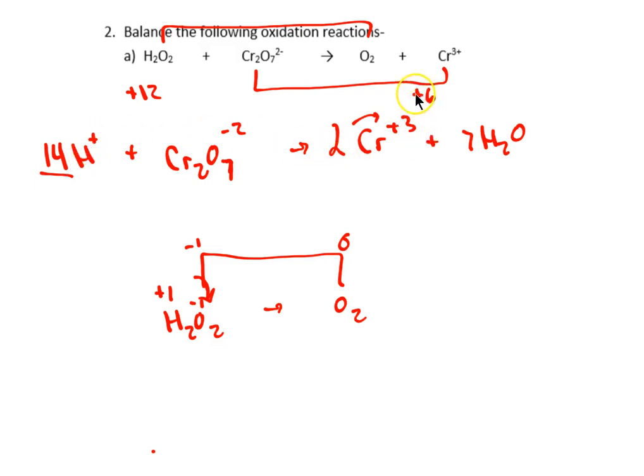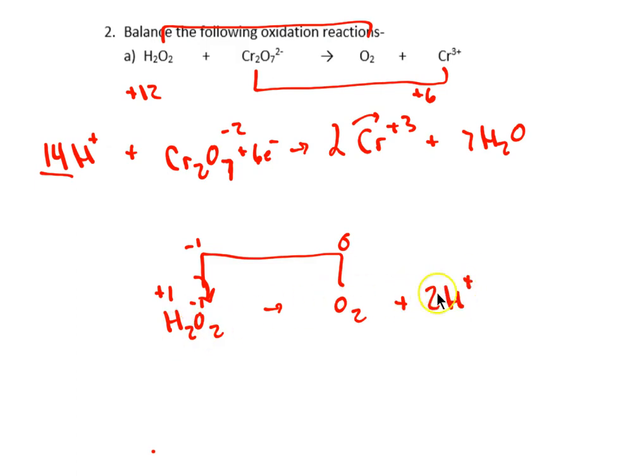All right, so here we need to balance this out. So we have a plus 12, a plus 6, so I'm going to put plus 6 electrons. We okay with that? Okay, so here I just need to add how many H pluses? 2 H plus.